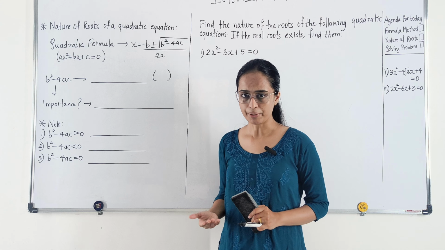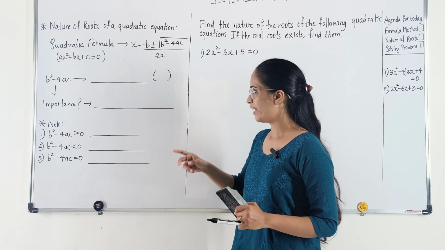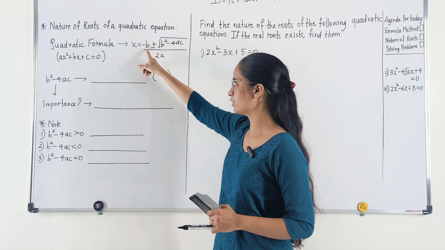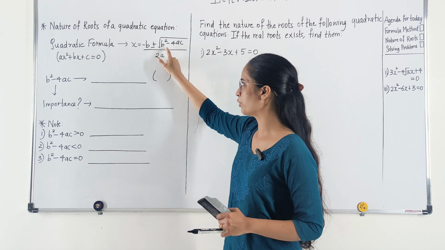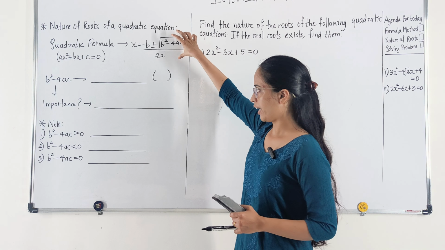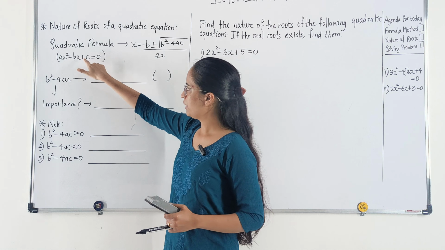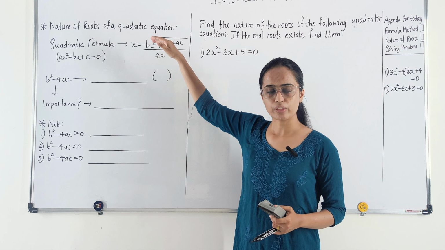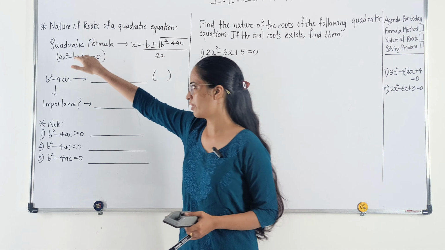Likewise, there is one more method, which is the formula method, wherein we directly have a formula which is x equals to minus b plus and minus under root of b square minus 4ac upon 2a. Now when you try to substitute the values for a, b and c in this particular formula, you get two values, and those two values would be the roots for the quadratic equation.